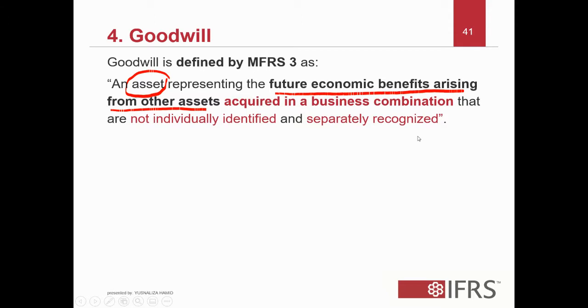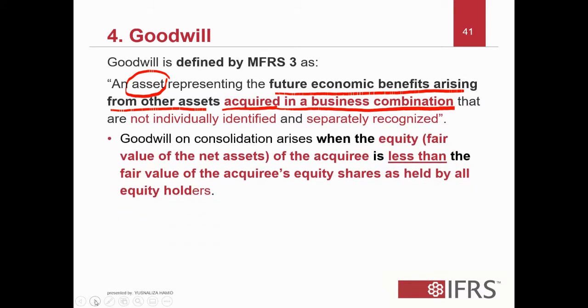So the goodwill here is being recognized because it is through acquisition in a business combination. Remember, we invested in daughter just now. So once we consolidate the result later, you may notice that a goodwill may arise, if the computation has been correctly done.